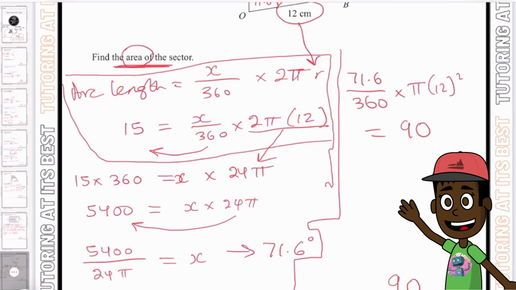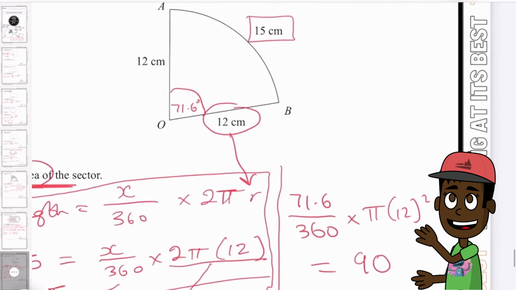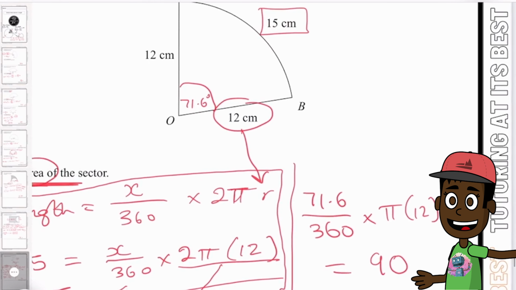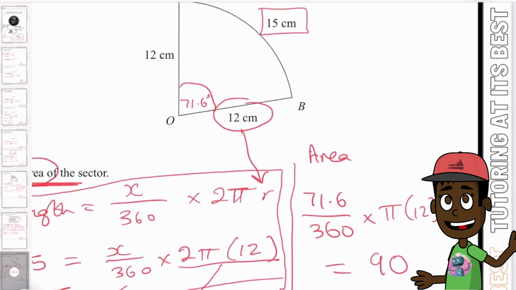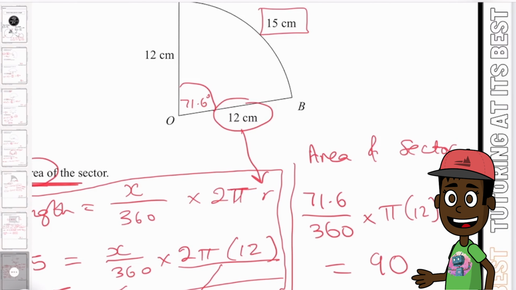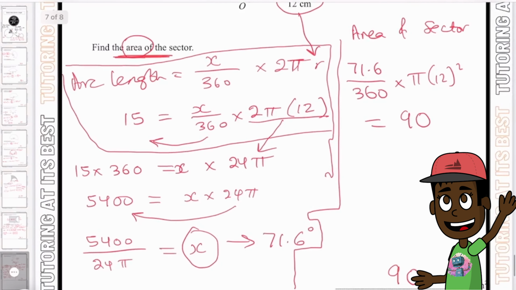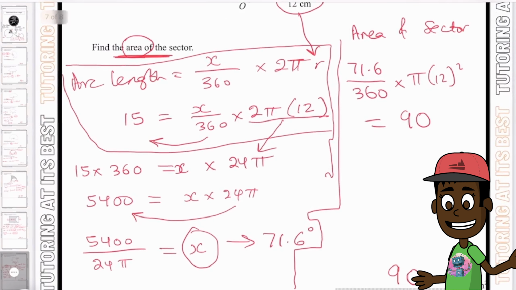Once we did all of that, we then made x the subject, and that x was meant to be our angle, which is 71.6 degrees. And as soon as we found that out, we then dived into the area of the sector, and we had the numerator, which is your interior angle, 71.6 degrees, over the total amount multiplied by pi r squared. And there we are.